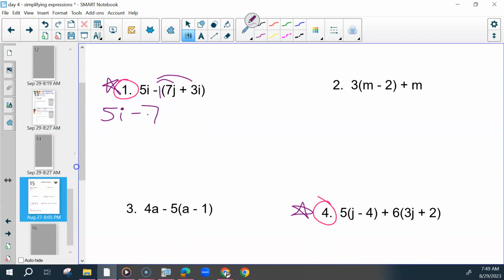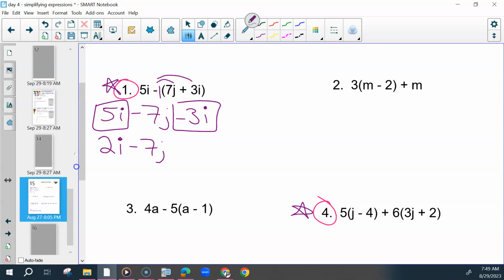You have minus 7j, minus 3i. What would be our next step? 5 minus 3. Combine your like terms. 5 minus 3, so you have 2i minus 7.